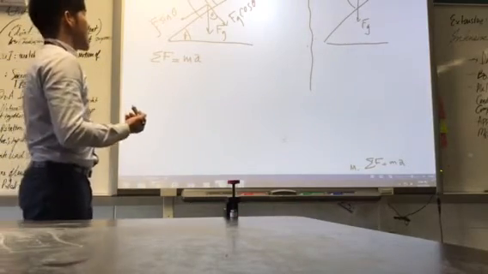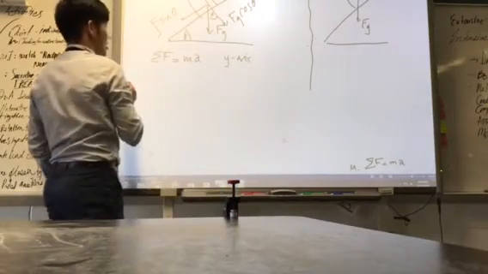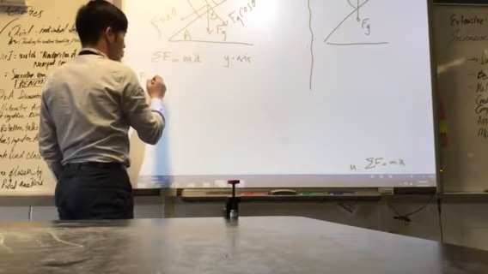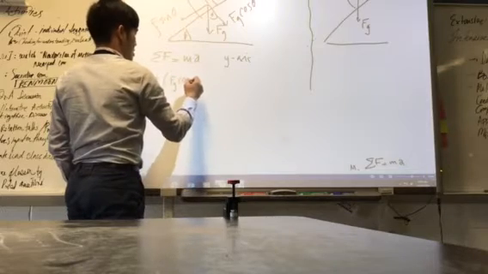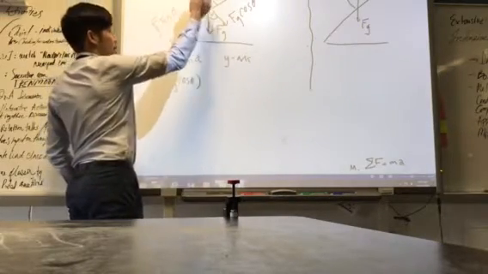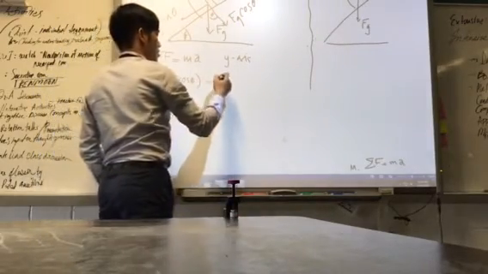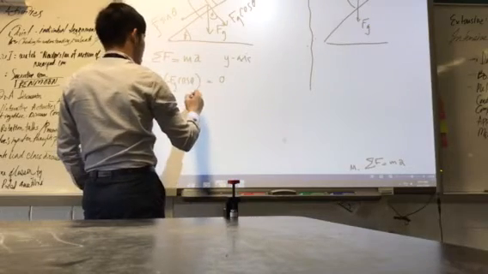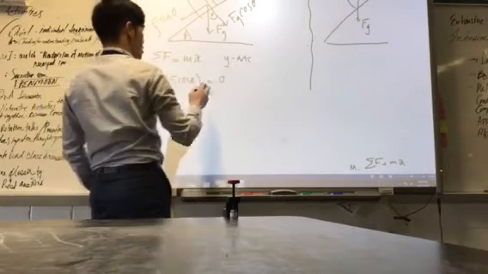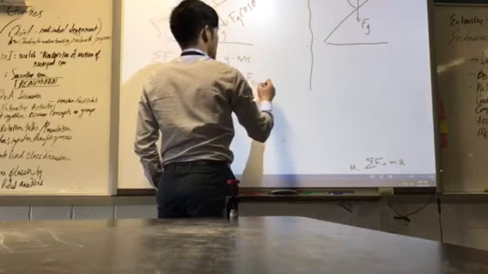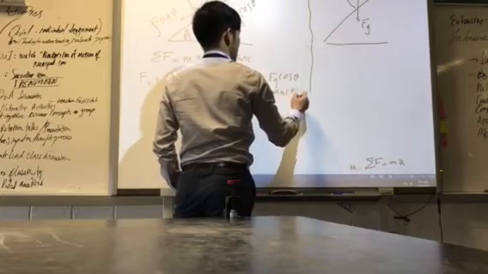Okay, an object that is not moving in the y direction, so the summation of the forces, which is the normal force plus Fg cosine theta, but it has to be negative since it's the same magnitude of force in the opposite direction, therefore that becomes negative, is equal to 0. So my conclusion is the normal force is equal to Fg cosine theta, so basically it will be mg cosine theta.